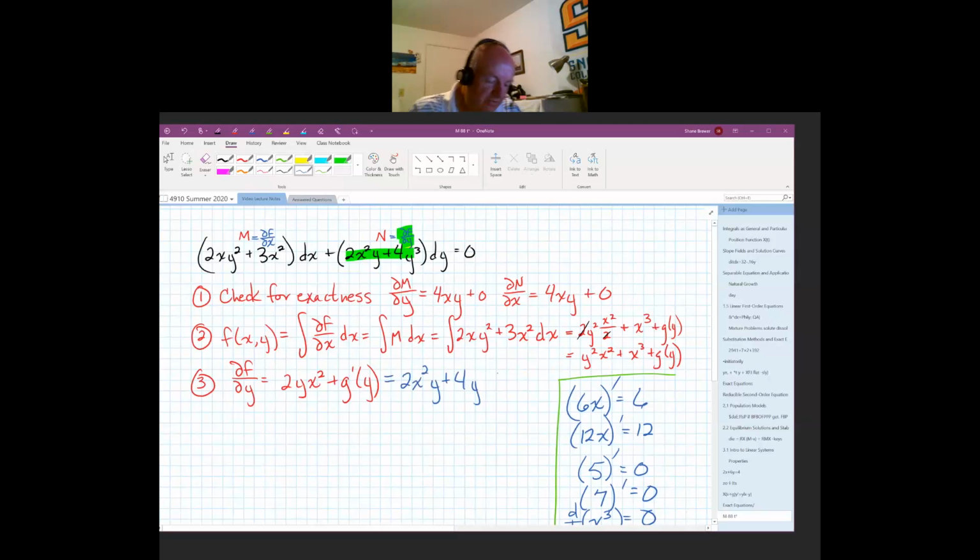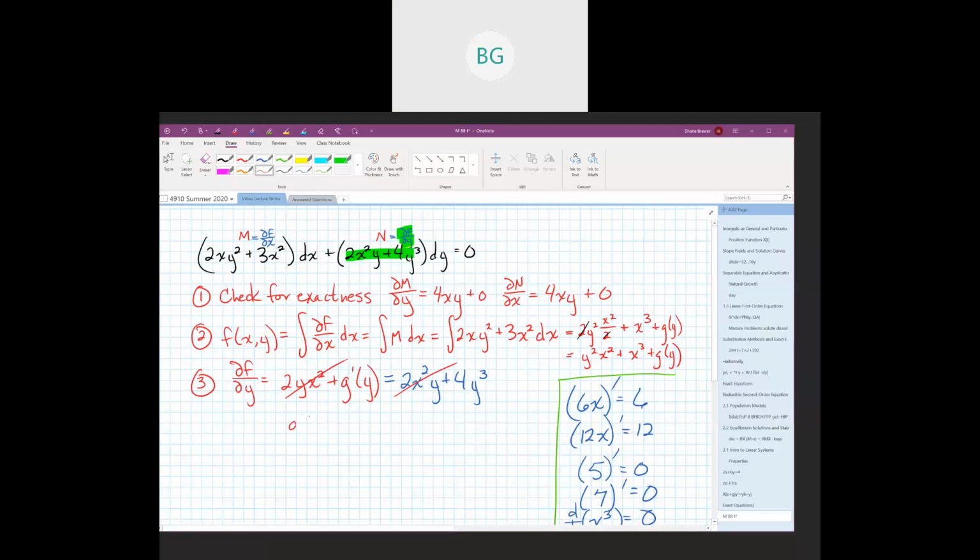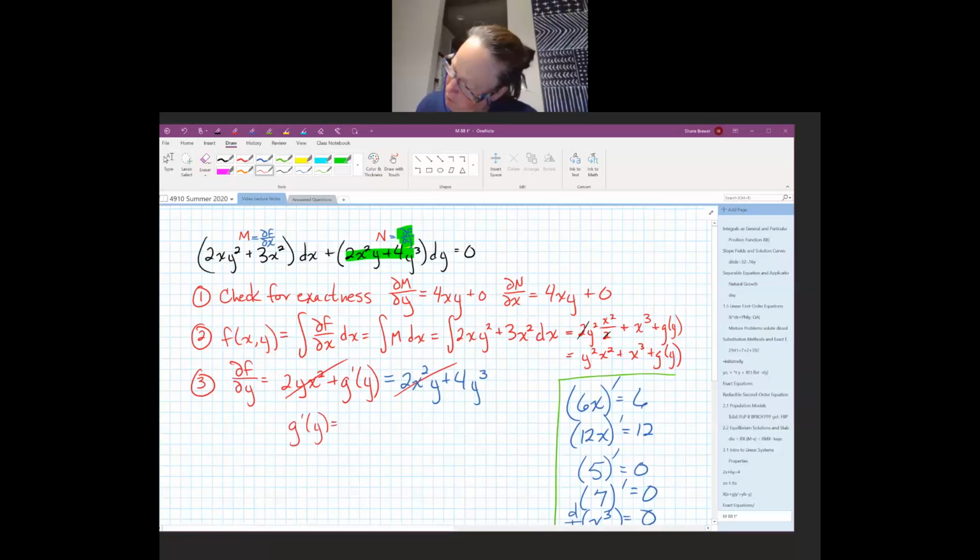We have two expressions for the same thing, and that's why we set them equal. If we've done everything right, everything that has x's in it should disappear. That's the beauty of it.